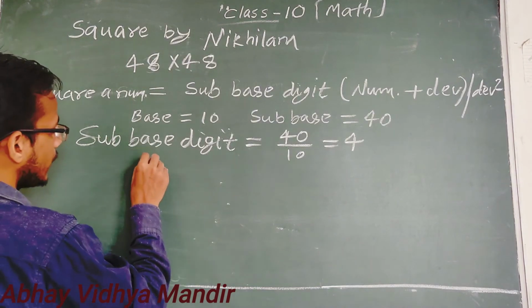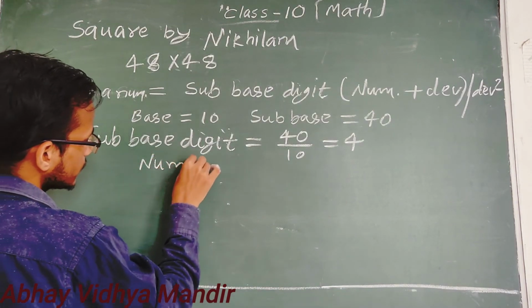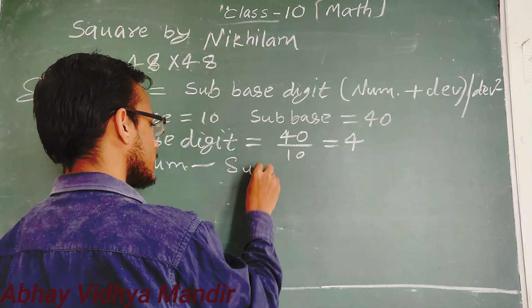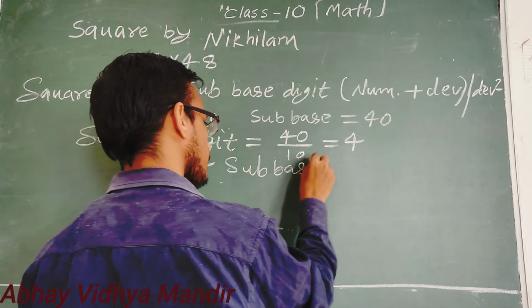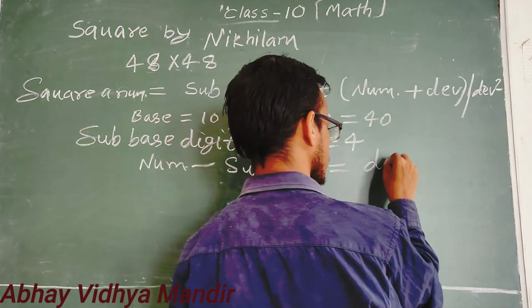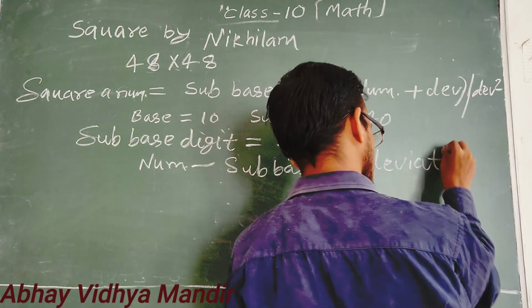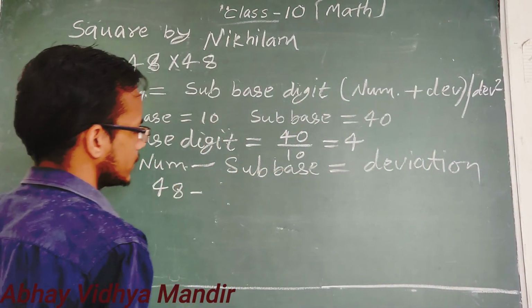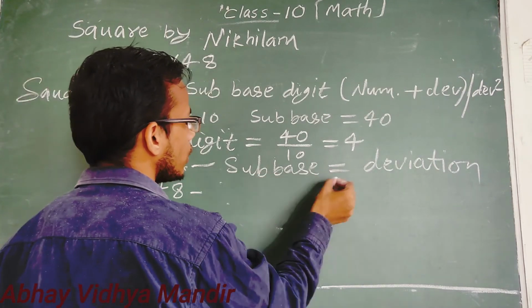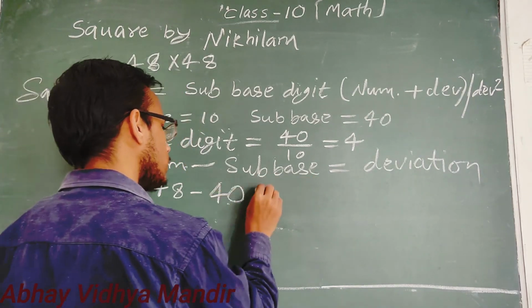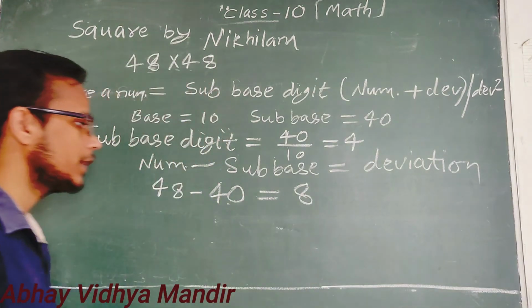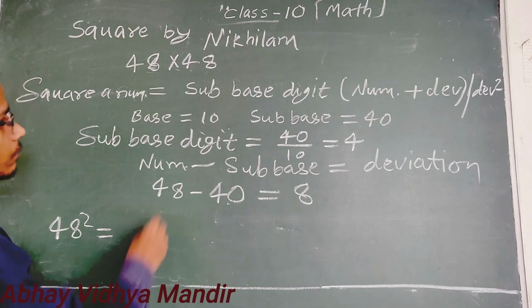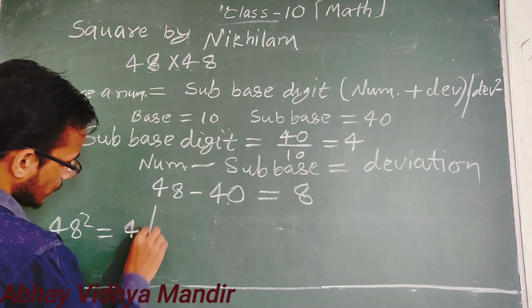Deviation: number minus sub-base equal to deviation. So number is 48 minus sub-base 40. So deviation is 8.